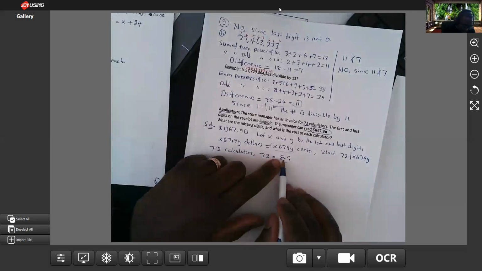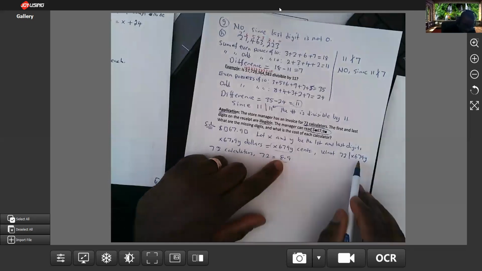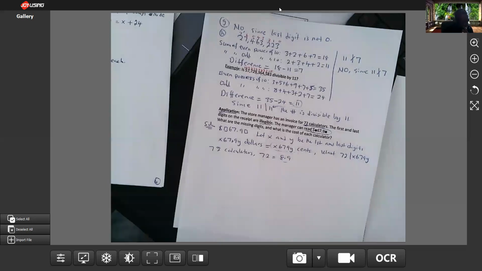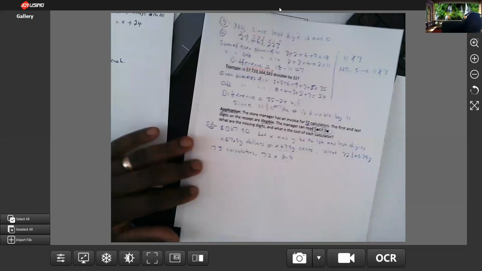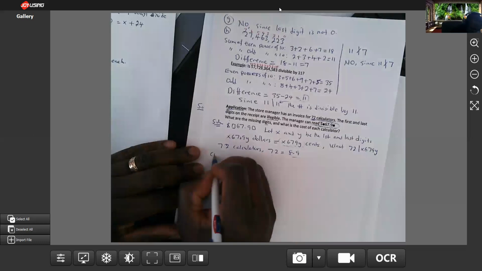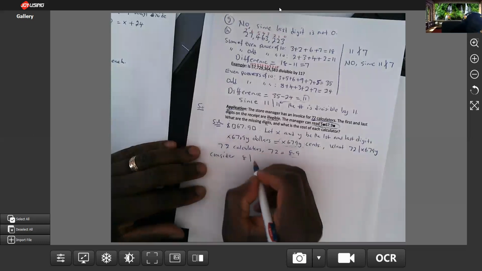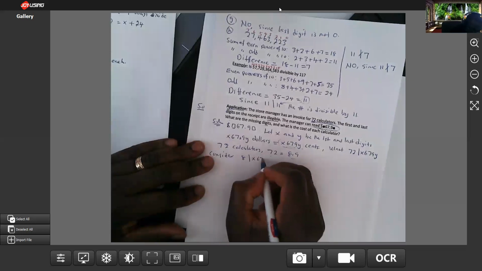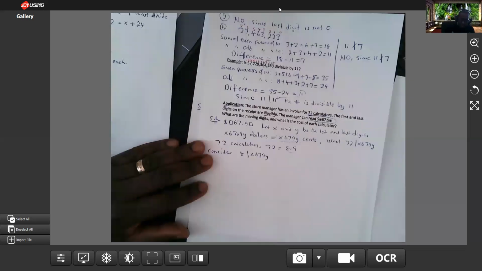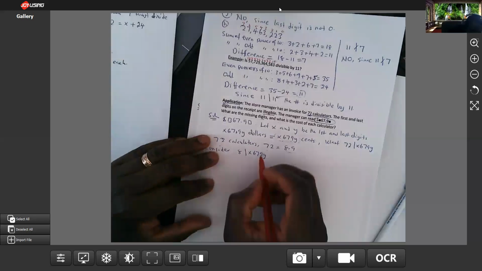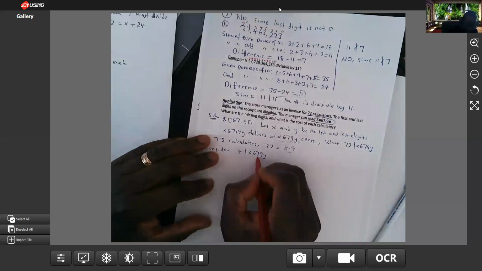If this is the case, then 8 should divide this number, as well as 9. So first, let's consider 8 dividing the number X679Y. If 8 divides the number, then it must divide the last 3 digits.